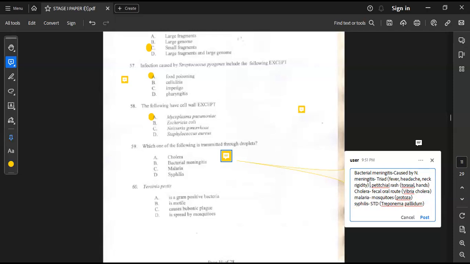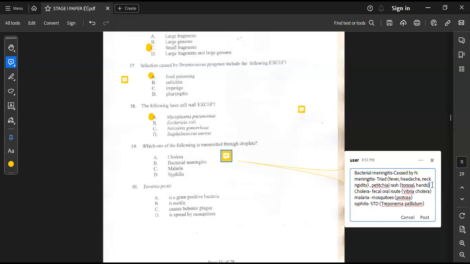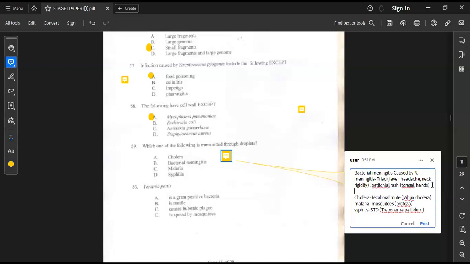Do you want to cover the treatment? Now for treatment, it will depend on the organism, but first of all they start a broad spectrum before they can identify the organism.